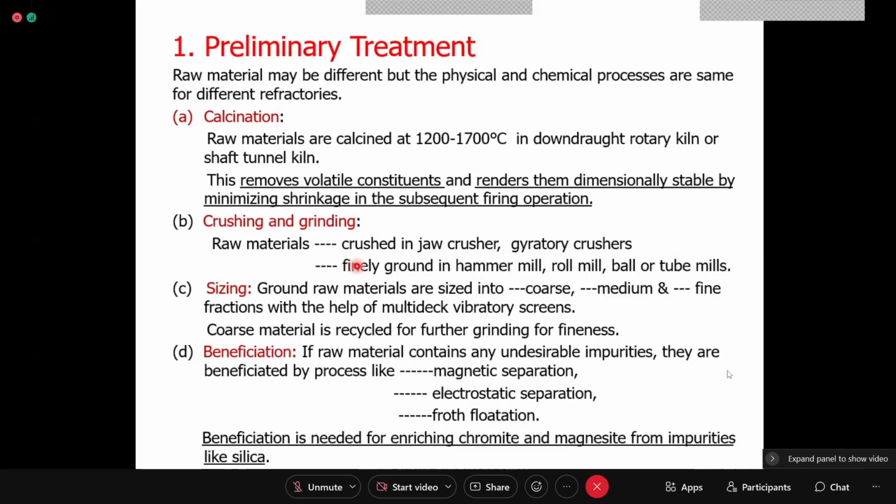All the material which is not sieved by a 1 centimeter sieve will again be put for crushing and grinding. So how to decide that? You are going for sizing. Without sizing, you can't segregate the fine material, the medium size lumps, and the coarse material.